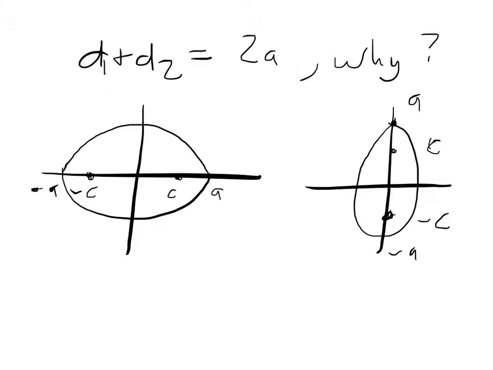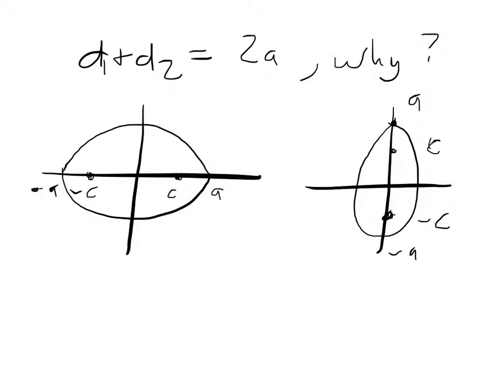Now, when they set up that derivation for an equation for an ellipse, note that they let that distance be 2a, and that a turned out to be either the x-intercepts for the ellipse if the major axis was horizontal, or the y-intercepts if the major axis were vertical.